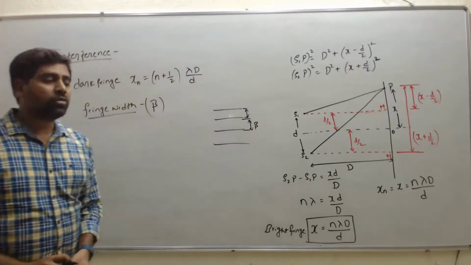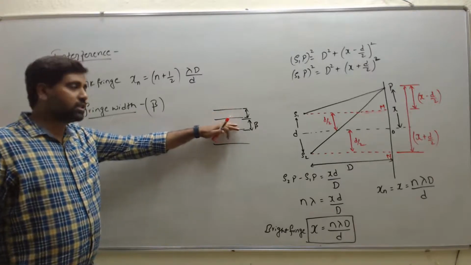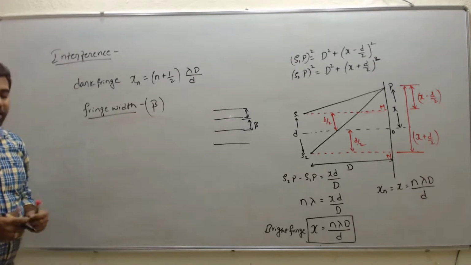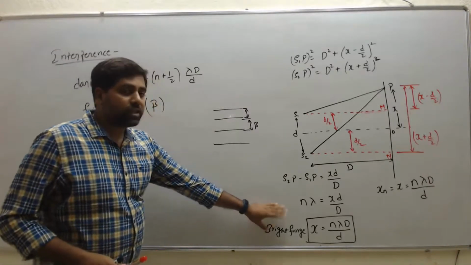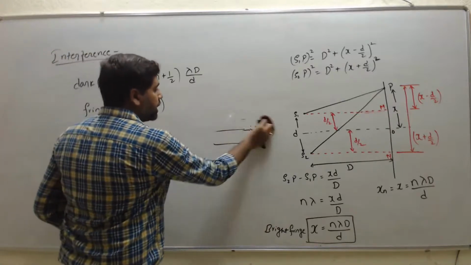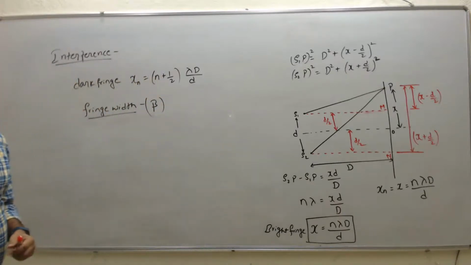The consecutive distance between two bright fringes or two dark fringes, that width we call the fringe width, right? So if we consider consecutive bright fringes, one for the nth value and another for the n plus 1 value, that difference gives the fringe width.